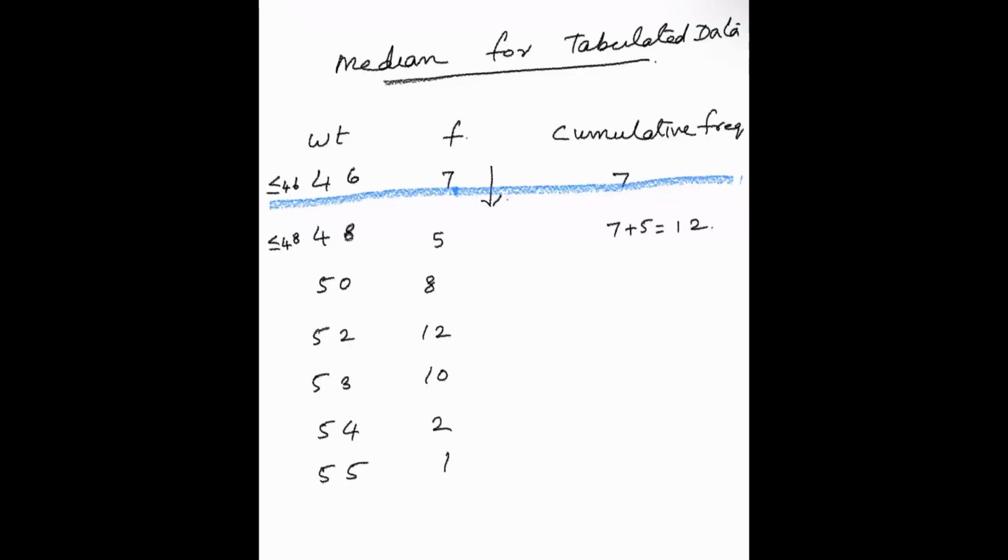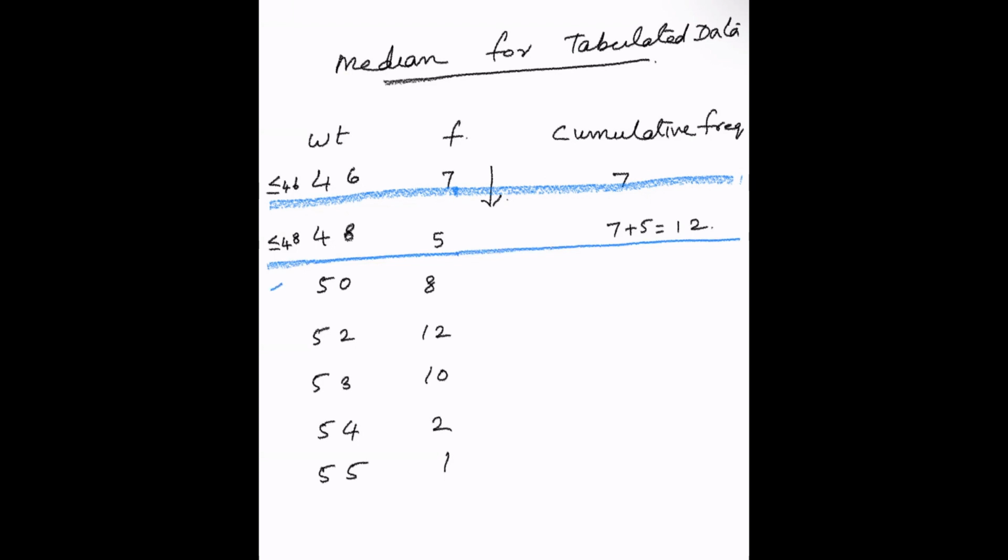To get those with weight less than or equal to 48, you add 7 plus 5.